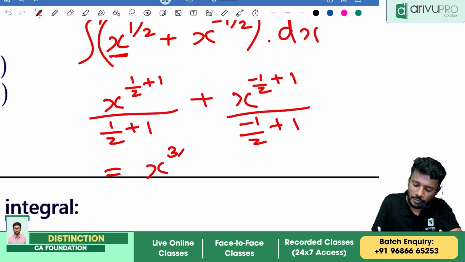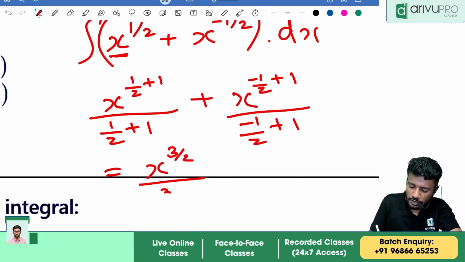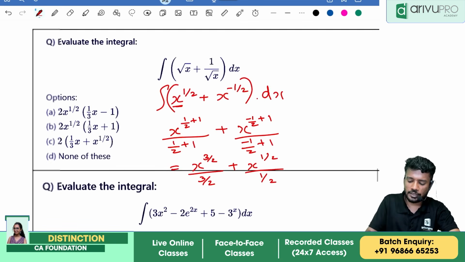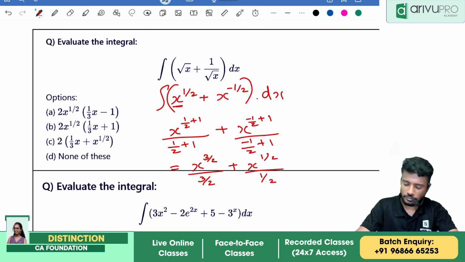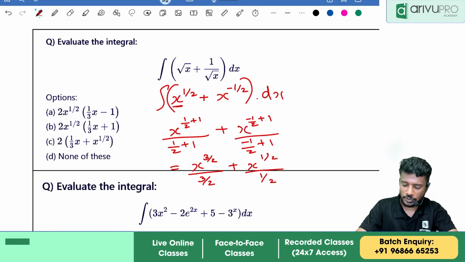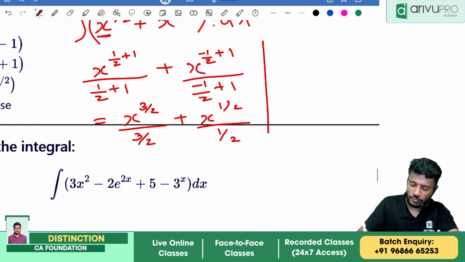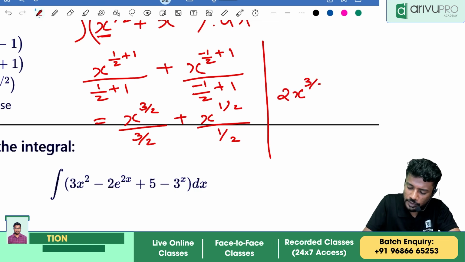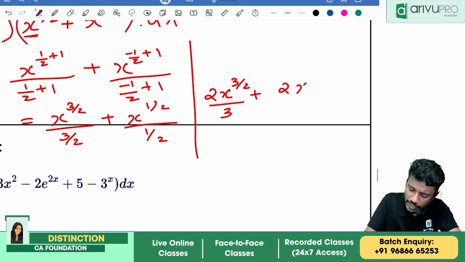x raised to 3 by 2 divided by 3 by 2, plus x raised to 1 by 2 divided by 1 by 2. How much is the answer? 2 x power 3 by 2 by 3. Now, this 2 will go to the numerator. That will become 2x raised to 3 by 2 divided by 3 plus 2x raised to 1 by 2 divided by 1.